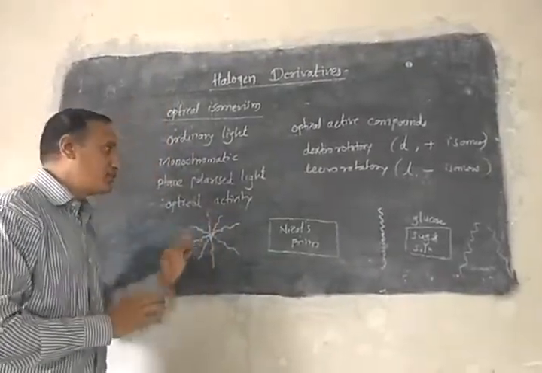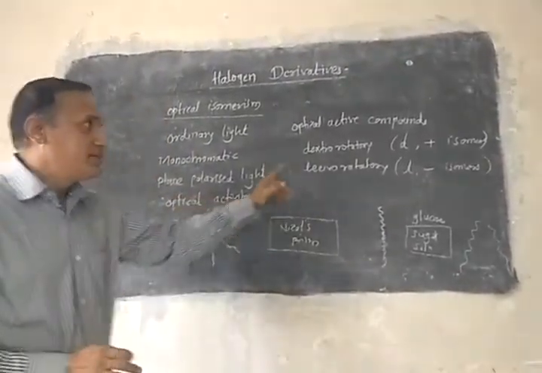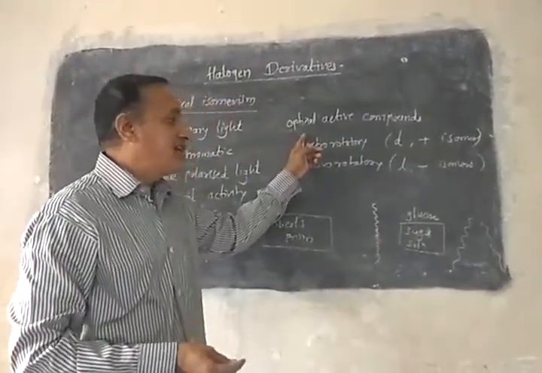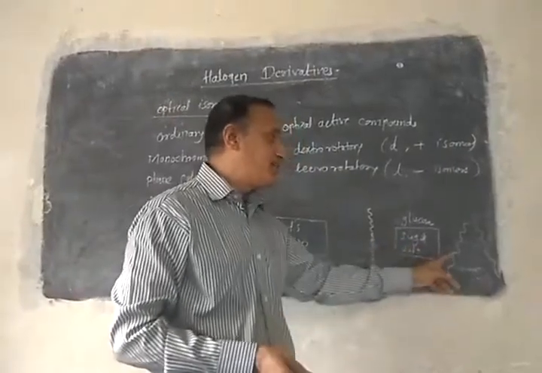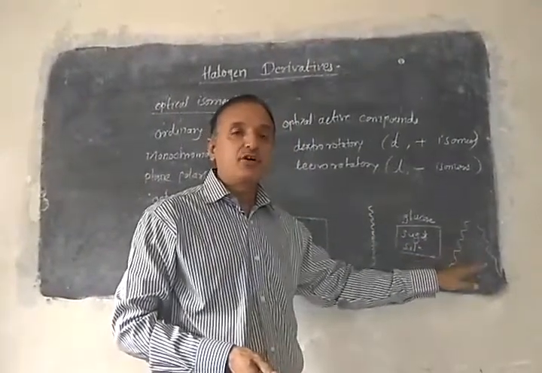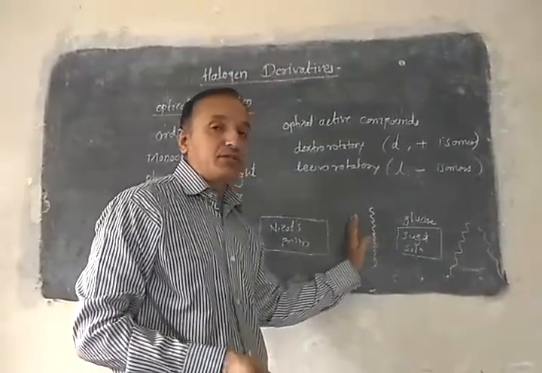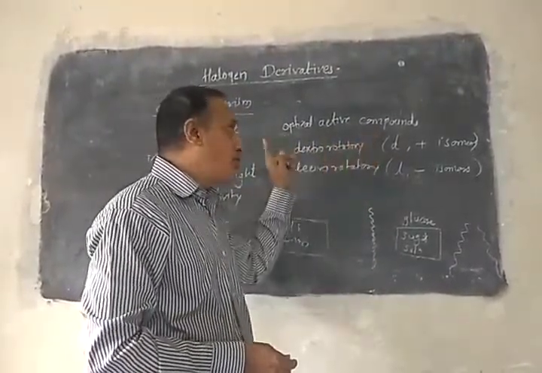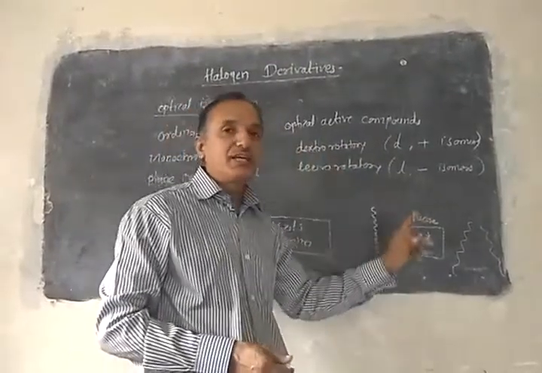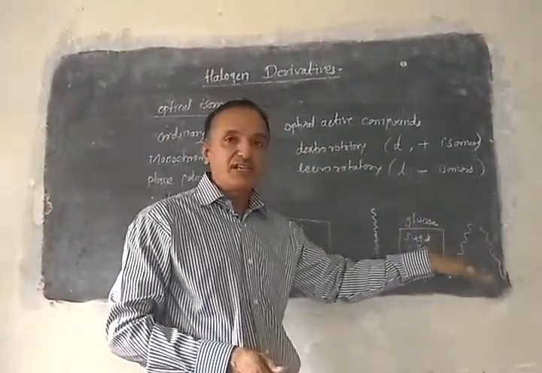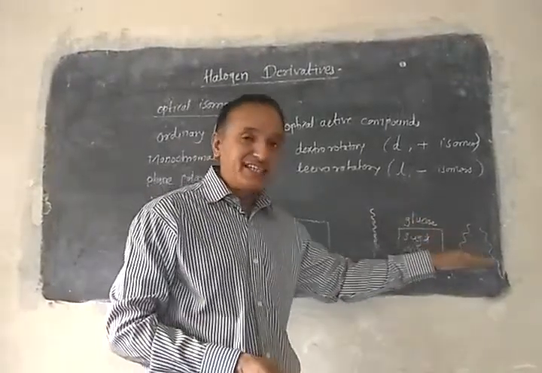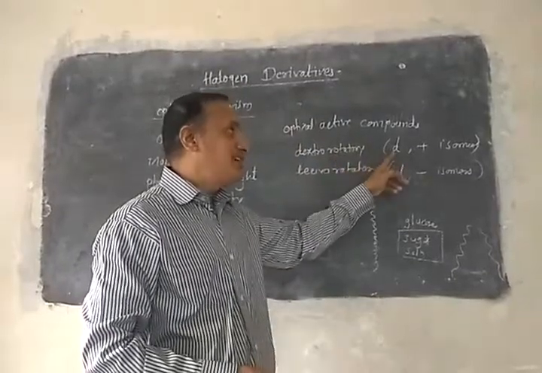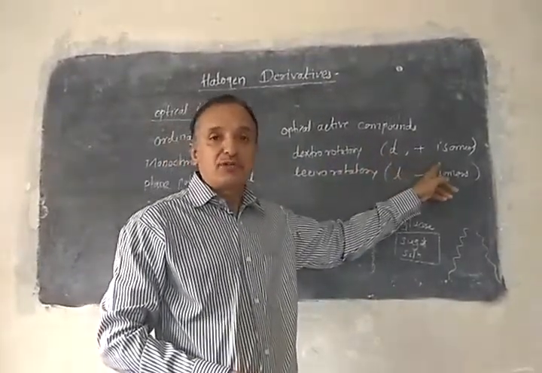So let us see what is given here. Optically active compounds rotate the plane polarized light to either the right side or the left side. The optically active compounds which rotate the light to the clockwise direction, that is, to the right side, are called dextrorotatory, also called D isomer or plus isomer.